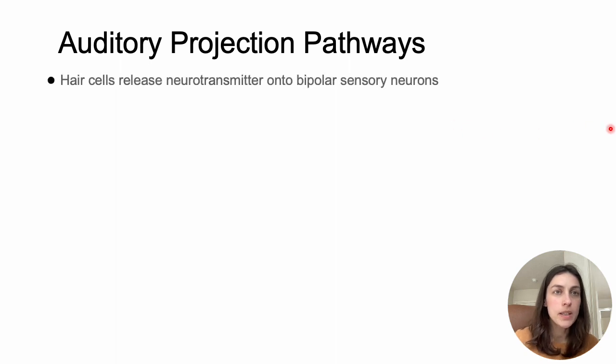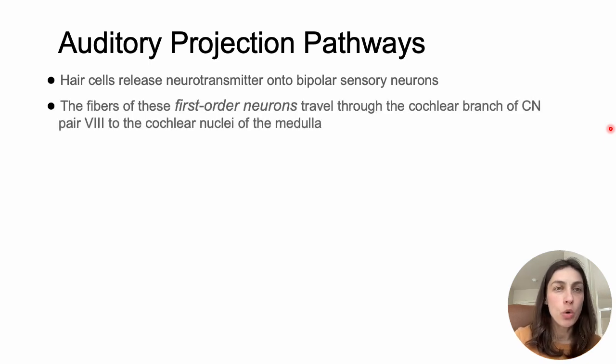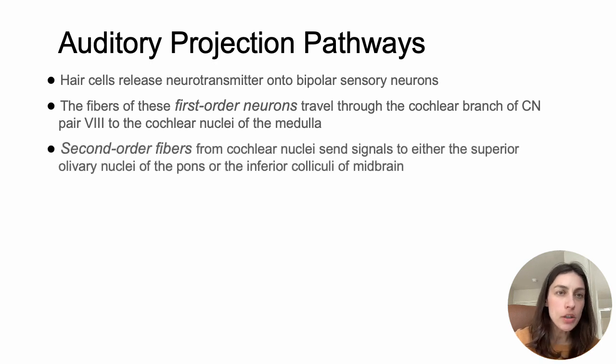All right, so hair cells release neurotransmitter onto bipolar sensory neurons. The first order neurons travel through the cochlear branch of cranial nerve 8, to the cochlear nuclei of the medulla. Second order fibers from cochlear nuclei of the medulla send signals either to the superior olivary nuclei of the pons or the inferior colliculi of the midbrain. Remember colliculi that you learned in the first lab, those 4 bumps on the back?